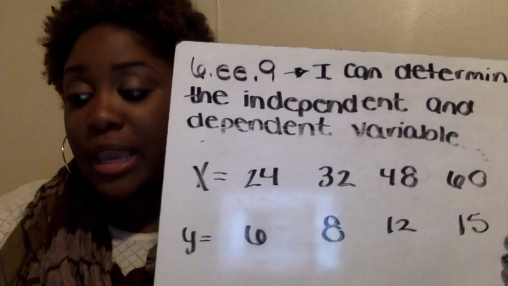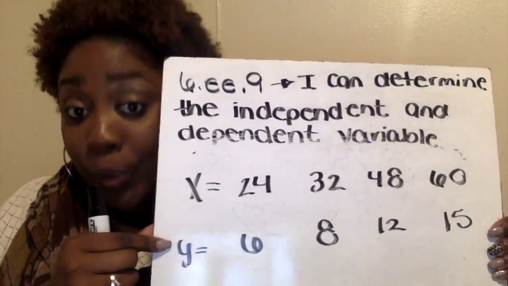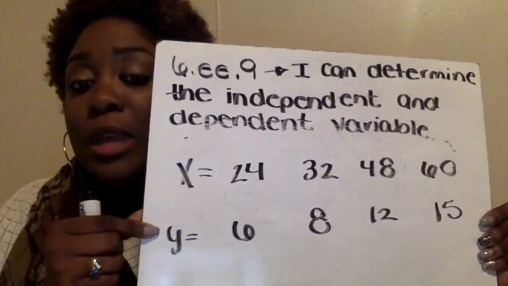My x values are going to be 24, 32, 48, and 60. My y values, or my dependent variables, are going to be 6, 8, 12, and 15. Again, don't forget that your independent variable determines what your dependent variable is.